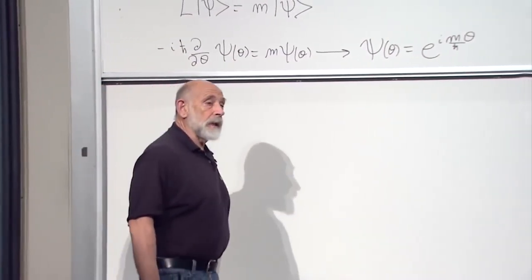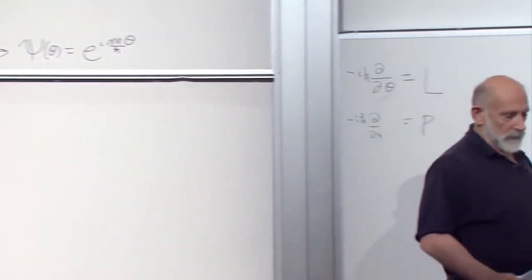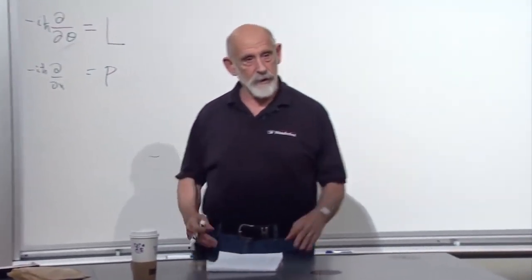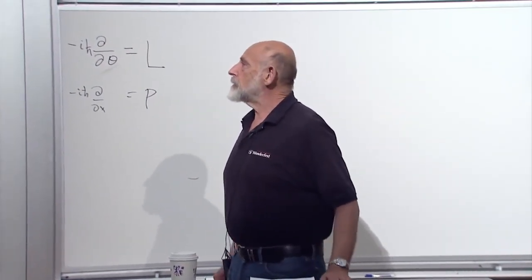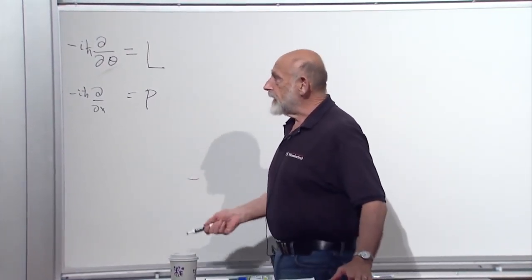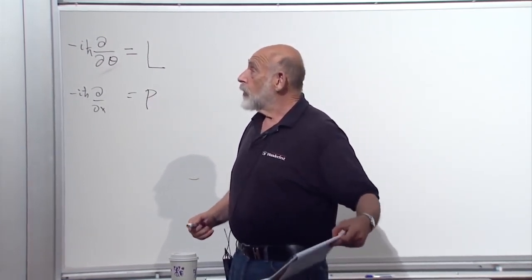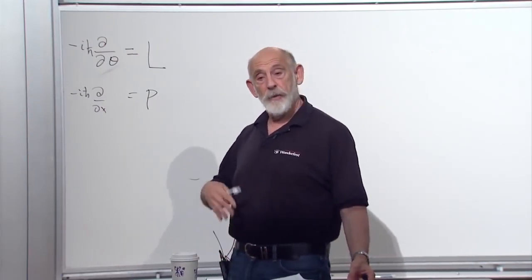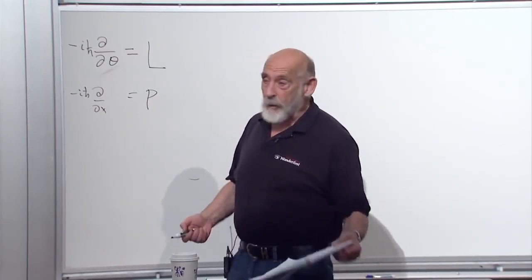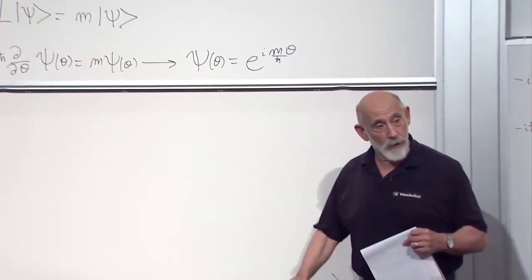Now, unlike the case of ordinary linear momentum, there's another constraint. You know the other constraint. I'm sure that most of you know it, but let's spell it out anyway. The other constraint is that when theta is equal to 2 pi, the wave function should be exactly what it was when theta was equal to 0. Why? Because going around by 2 pi brings you back to the same point.